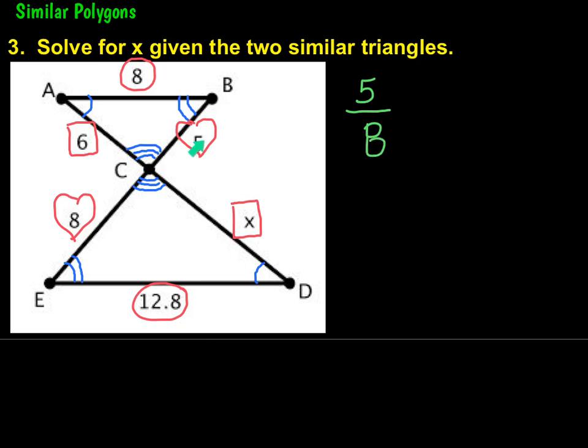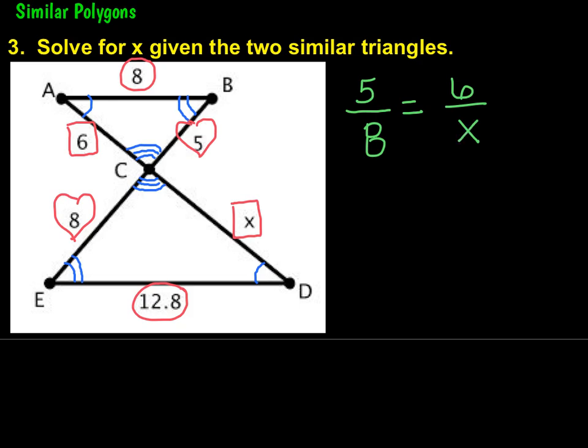Notice I chose the 5, which means I'm starting with the smaller triangle. So the smaller triangle would have to be in the numerator, and then the larger triangle would be in the denominator. So 5 over 8 is equal to, we're solving for x, so we put the 6 first because it's on the smaller triangle, so 6 over x.